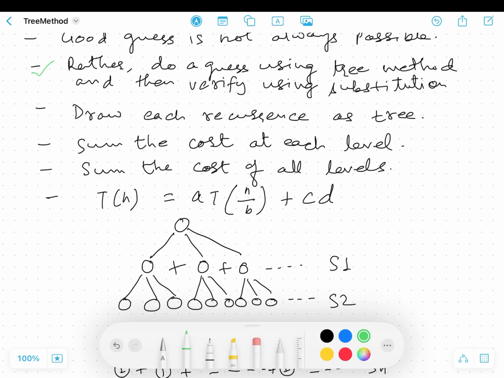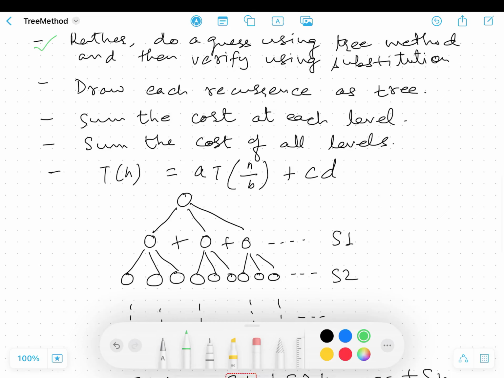Then for every level of the tree, we sum the cost, and then we sum all these costs for all the levels to find the solution to the recurrence. Generally, the recurrence would look something like this when solving using the tree method.